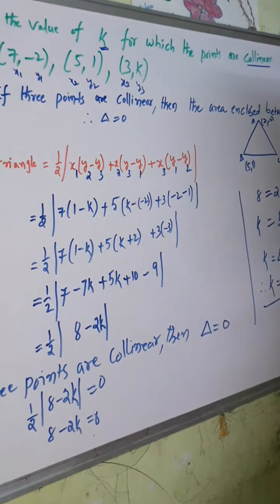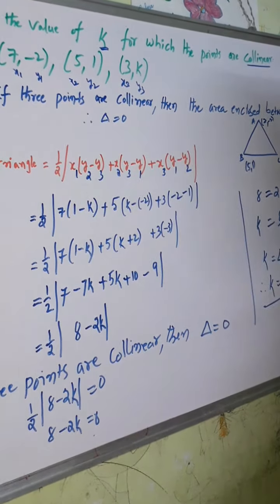Roughly draw a triangle, let ABC be the vertices (7, -2), (5, 1), (3, 1). We know the area of a triangle is half mod x1 into y2 minus y3 plus x2 into y3 minus y1 plus x3 into y1 minus y2.